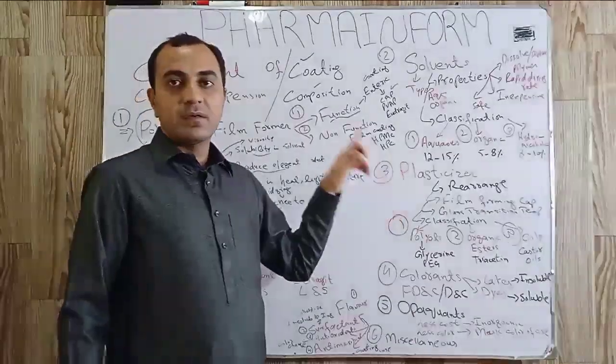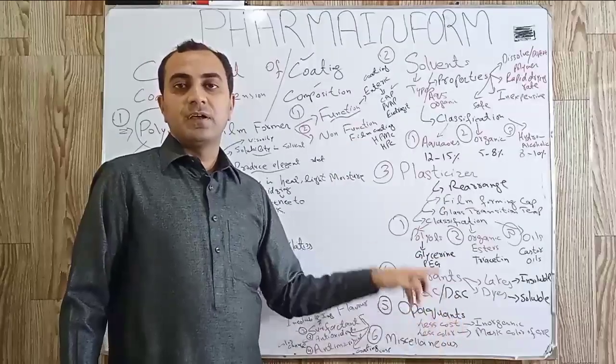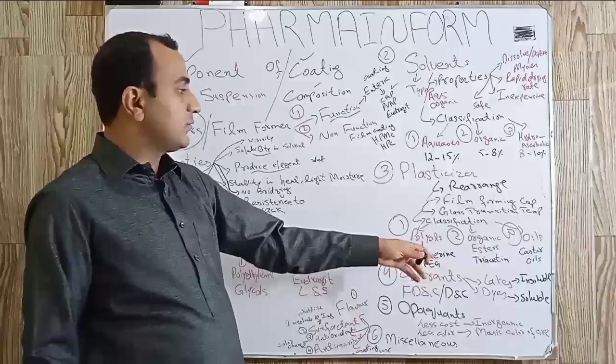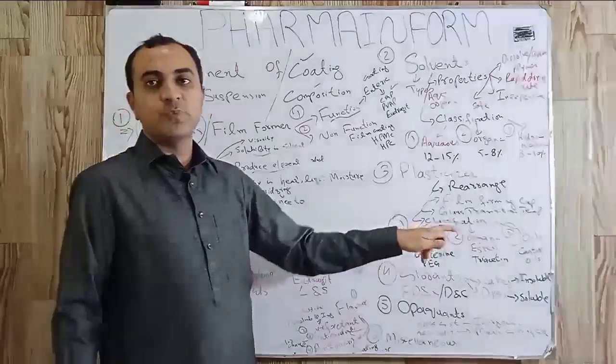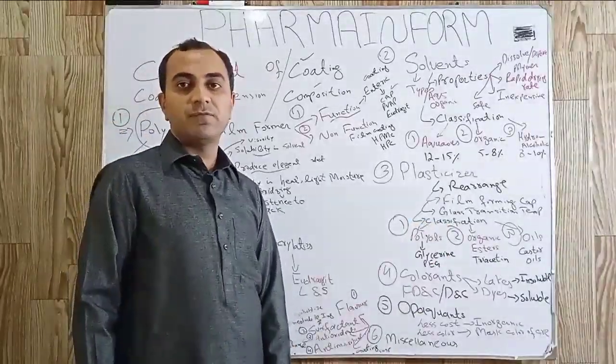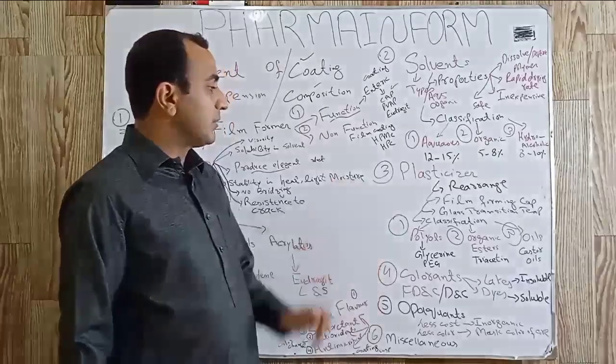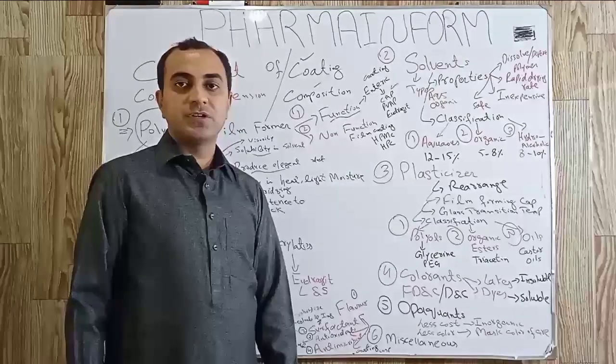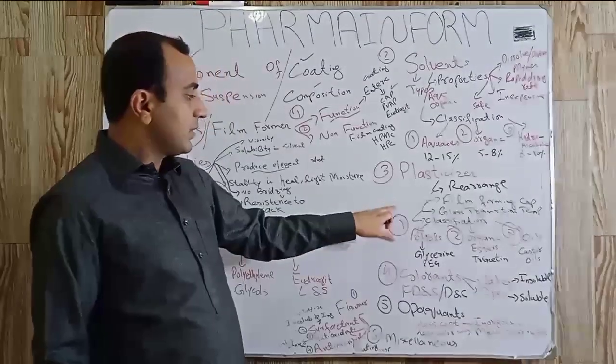Without plasticizer, the film forming capacity of polymer is not as good as we required, so we always use plasticizer to enhance the film forming capacity of the polymer. Plasticizer also reduce the glass transition temperature of the polymer.